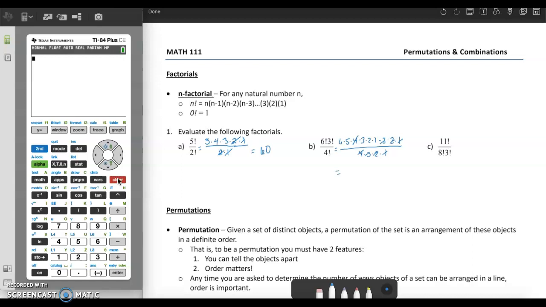So we would be left with 6 times 5 times 3 times 2 times 1 over 1 because everything on the denominator canceled. So that gives us 6 times 5 times 3 times 2 times 1, 180.